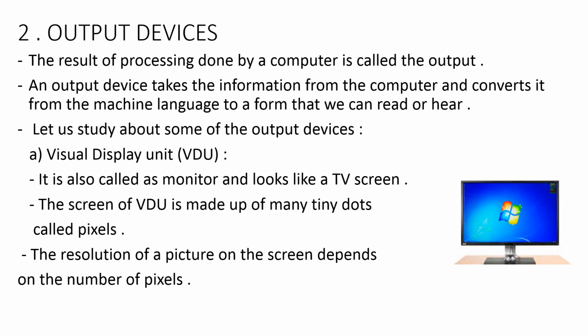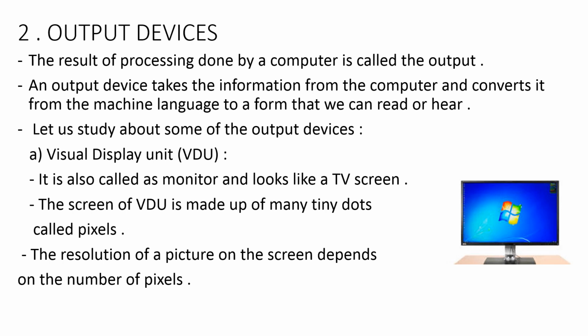Now the screen of the visual display unit is made up of many tiny dots called pixels. What is that screen made up of? It is made up of very tiny dots, and those tiny dots are nothing but the pixels.